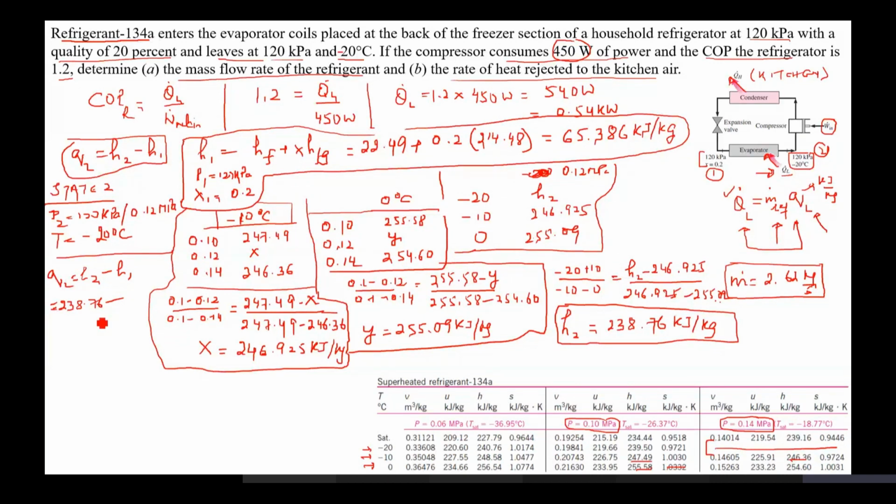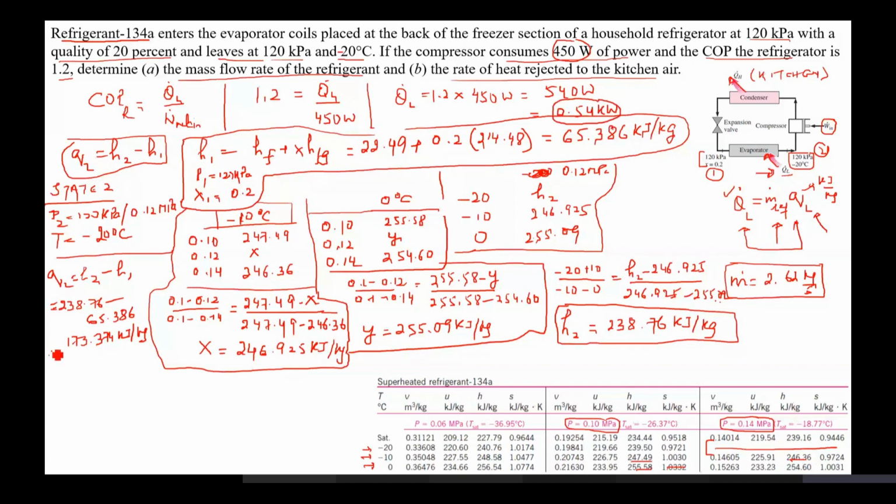So minus 65.386. This would give you what? 173.374. 173.374 kilojoules per kg.